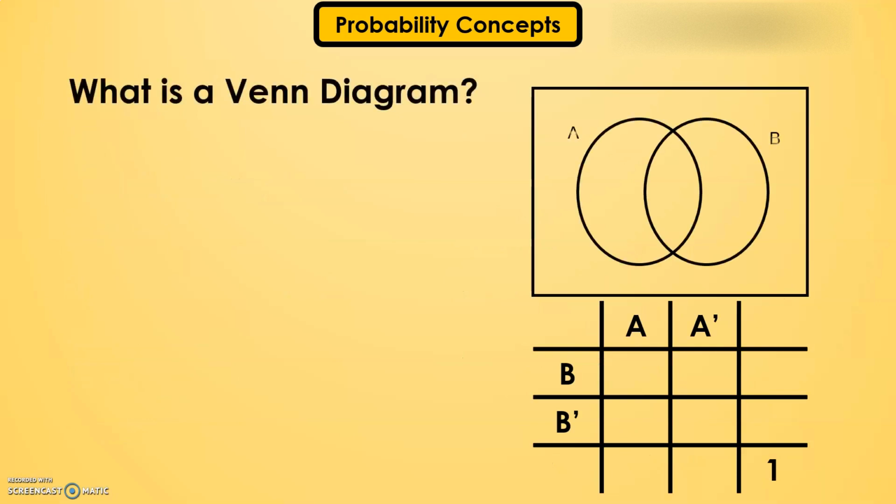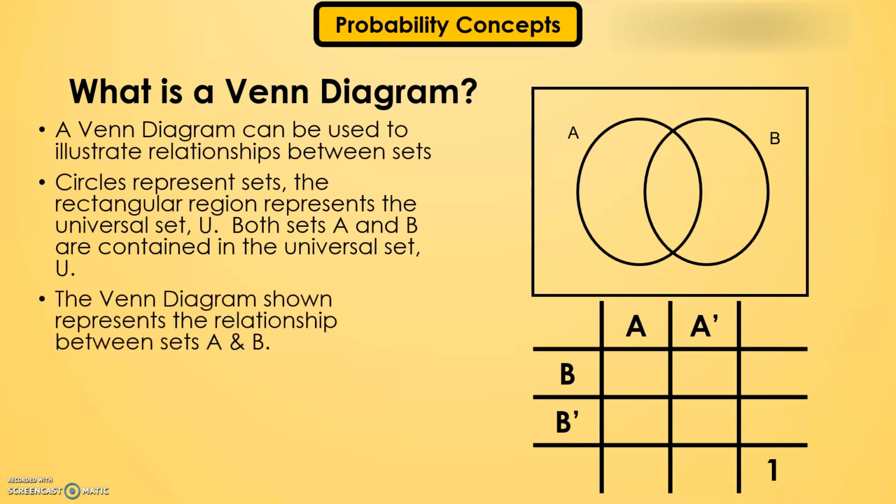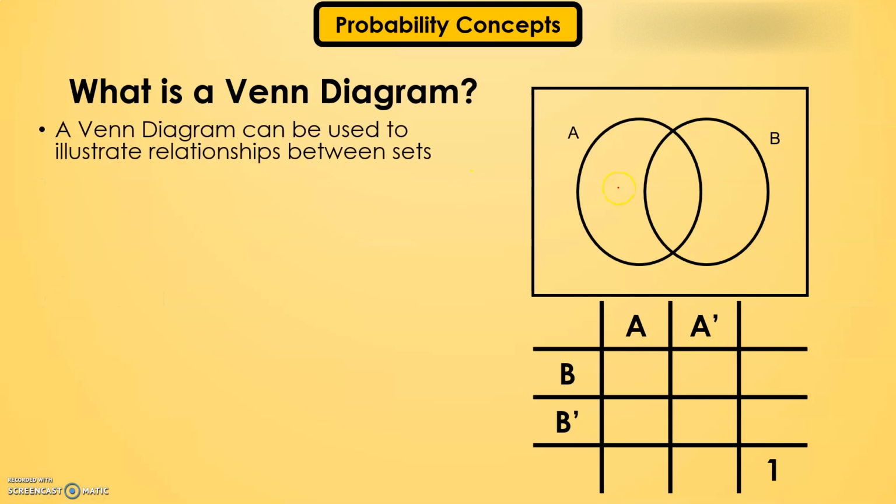So what is a Venn diagram? A Venn diagram is a way to represent these four areas. So we've got the four areas.